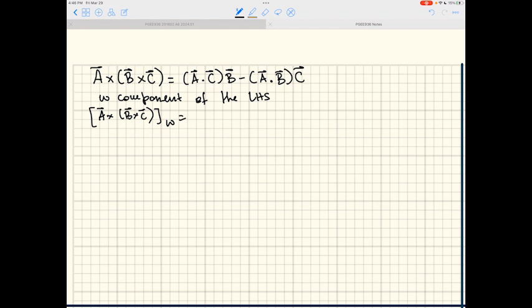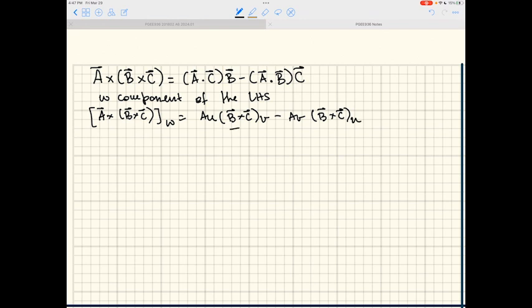It involves the U component of A times the V component of the other factor, (B cross C) V component, minus the V component of A times the (B cross C) U component.